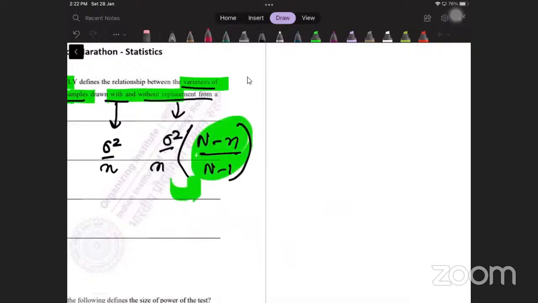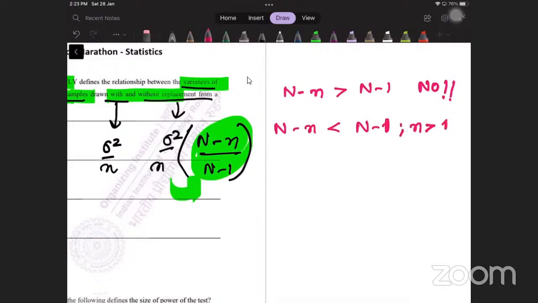So what we can do is we can compare. Is N minus n greater than N minus 1? No. N minus n is less than N minus 1 because my sample size will always be greater than 1. So here I am subtracting n from it, and here I am only subtracting 1 from it.